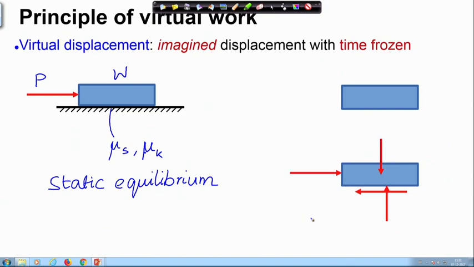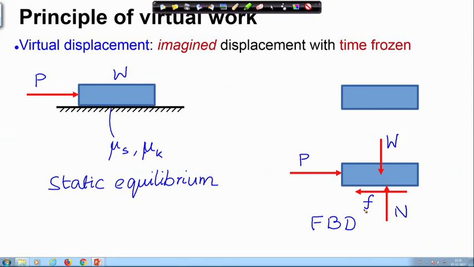Now, here I have the free body diagram of the block. So, we have the weight W, we have the normal reaction from the ground N, we have the friction force F, and we have the force that is pushing the block P. Now, we all know that under static equilibrium, if you take force balance in the horizontal direction, then P and F must be equal, and by vector directions they are equal and opposite.